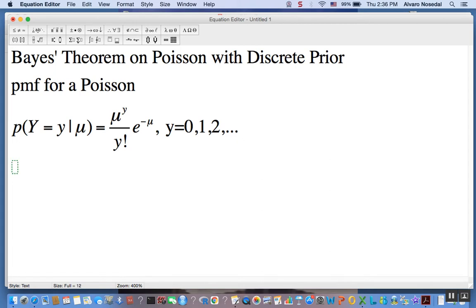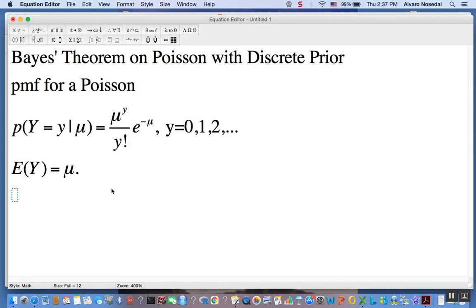Something else from STA360, for instance. Maybe you recall that the expected value for a Poisson random variable is given by mu. And remember, that's just a Greek m, right? So we are going to be using that PMF, that formula, for our likelihood.